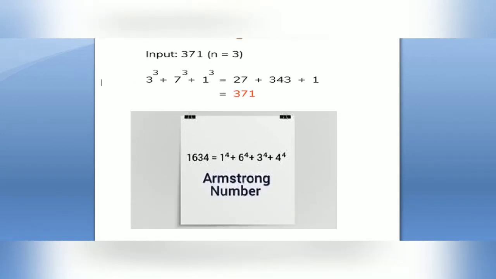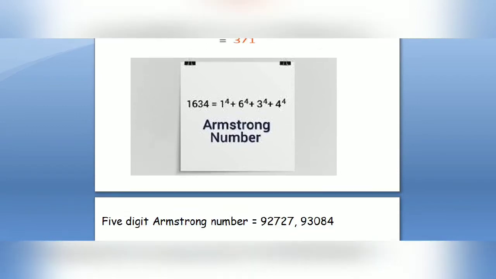Like here I have taken an example of a 4-digit number, that is 1634. If we raise every digit to the power 4 and then sum it, the result will be 1634, and that is an Armstrong number.